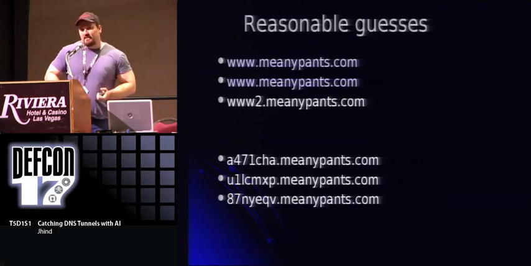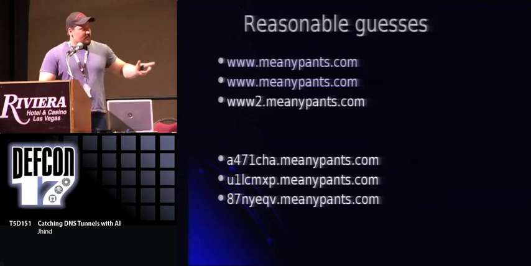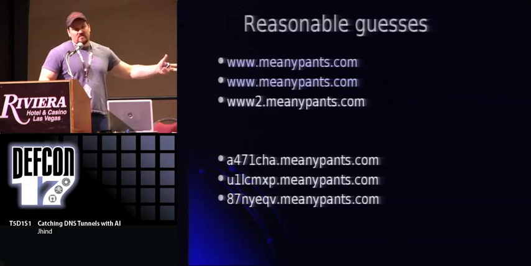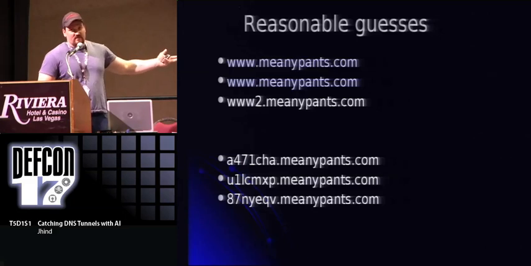Okay, so this is a money slide. If we have two groups of DNS requests, like we do here, a top and a bottom, and I told you one of those is being used to exfiltrate data from a network, which would you think it is? You would intuitively think it's the bottom one, right? It's not the top one.